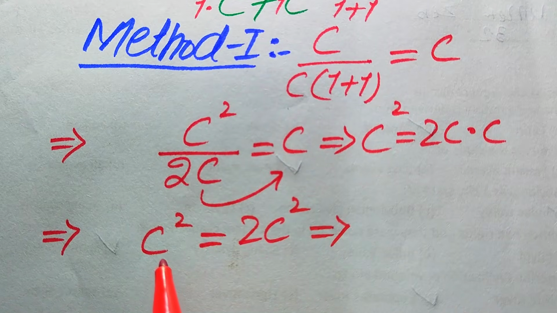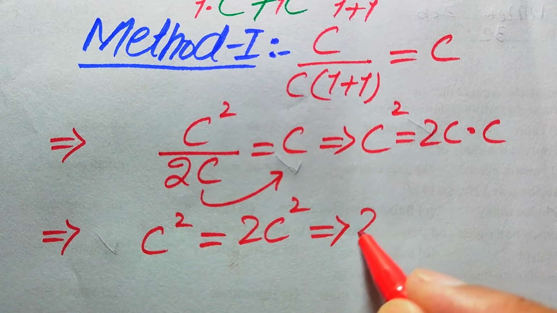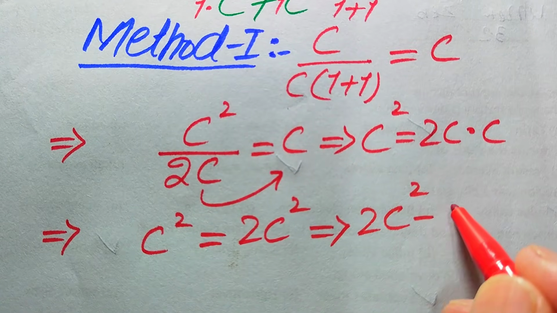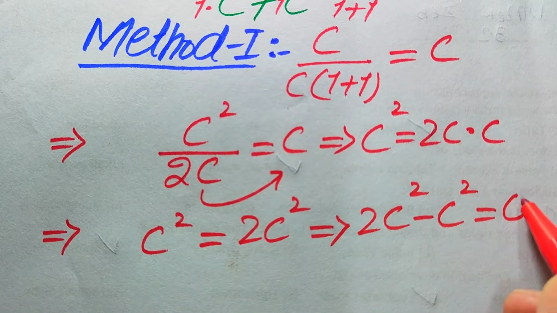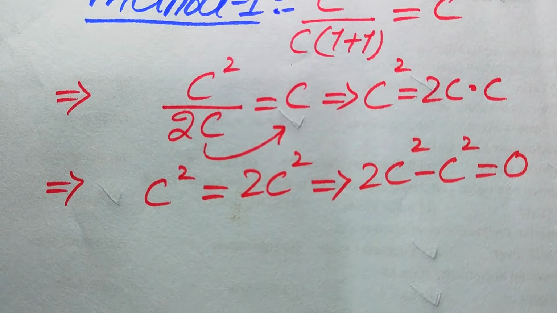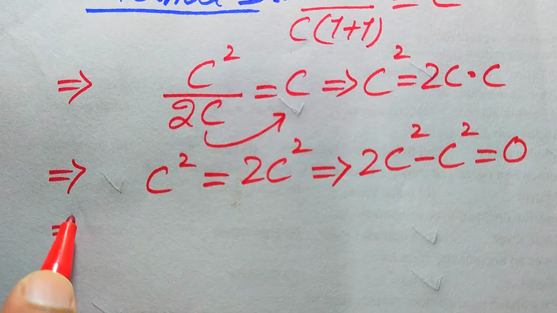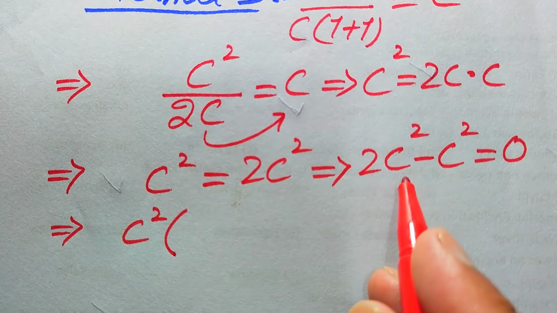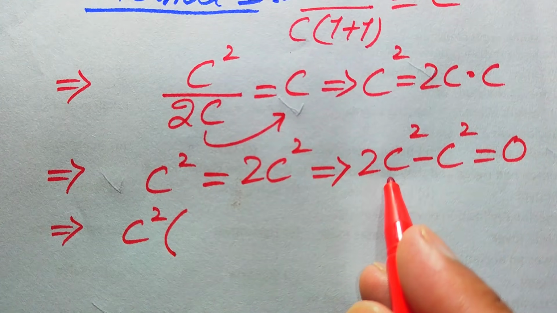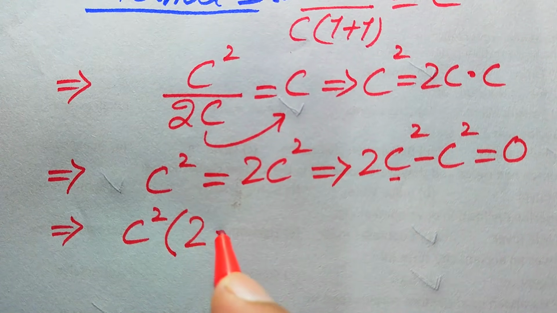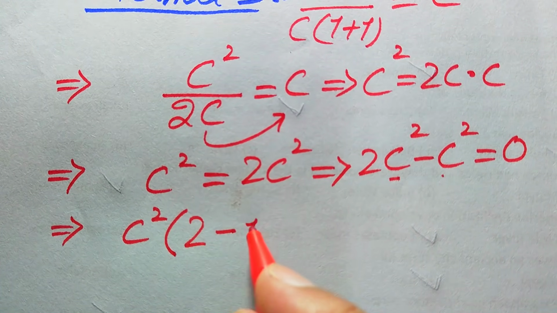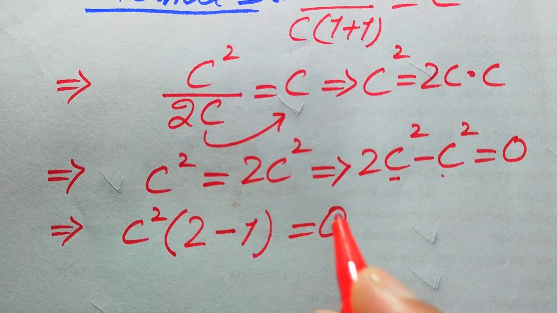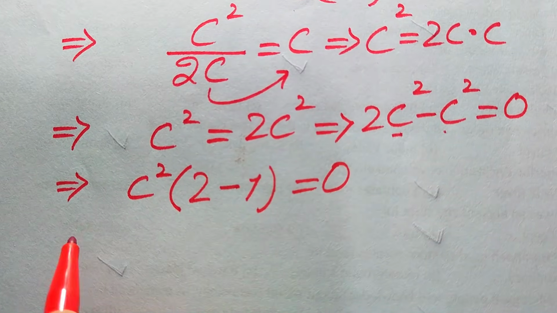And now again in the next step, we move the term c square from left hand side to the right hand side, and we get 2c square minus c square, and this whole equation is equal to 0. And now you see that both of these two terms involve c square, so we take common c square from here. And when we take common this c square, we get 2 only, minus when we take common this c square, we get 1 only, and this whole equation is equal to 0.